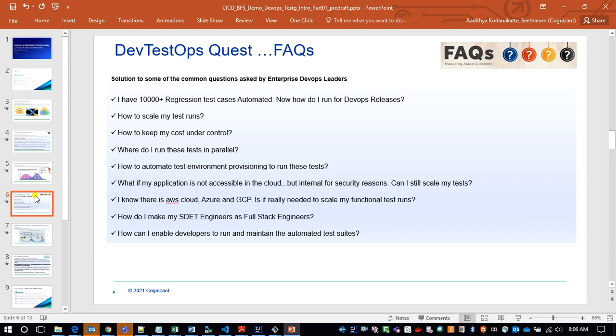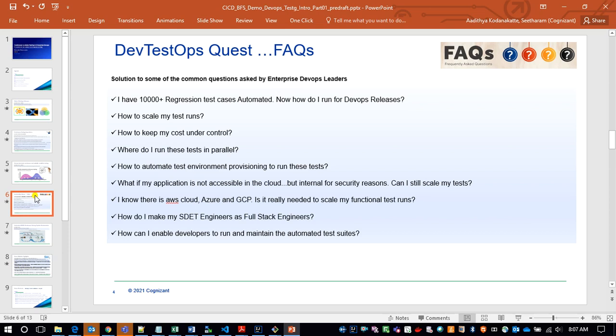These are some of the questions that we get answered through this solution and this demo. At the same time, it's good to review the expectations out there. I know there is AWS Cloud, Azure, GCP, Google Cloud Platform, but is it really needed to scale my functional test runs?